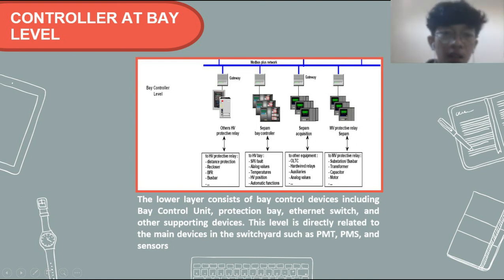Next, analog input or telemetering or TM is equipment that functions to take electrical quantities in the form of voltage, current, frequency, active power, and reactive power, which is acquired by the analog input RTU module.